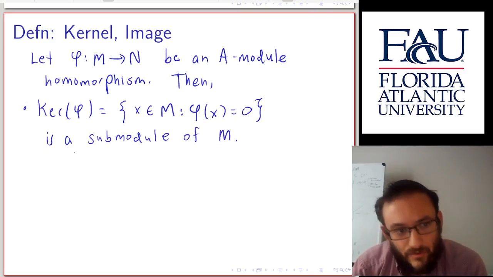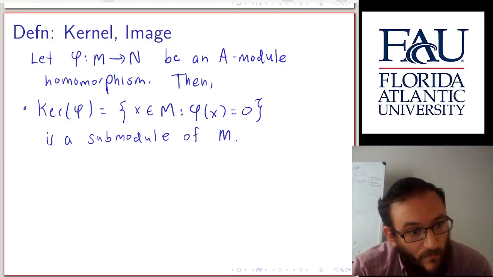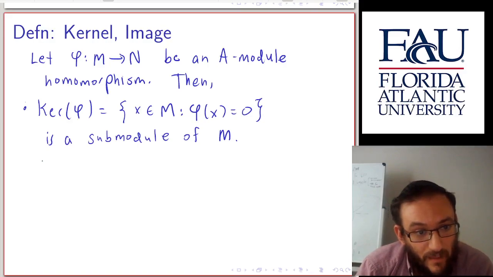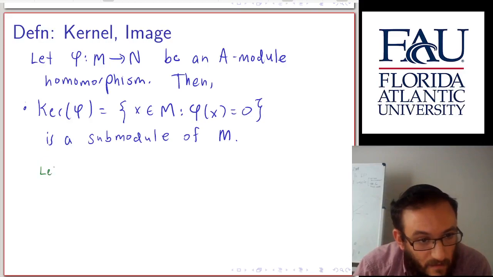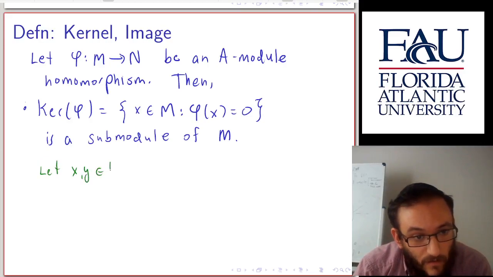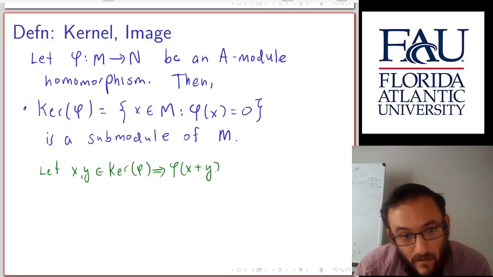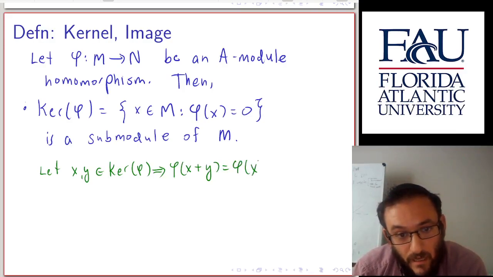Okay, and that's not too difficult to prove, and let's prove it quickly. Let x and y be in the kernel. Then phi of x plus y, by the properties of a homomorphism, will be equal to phi of x plus phi of y.